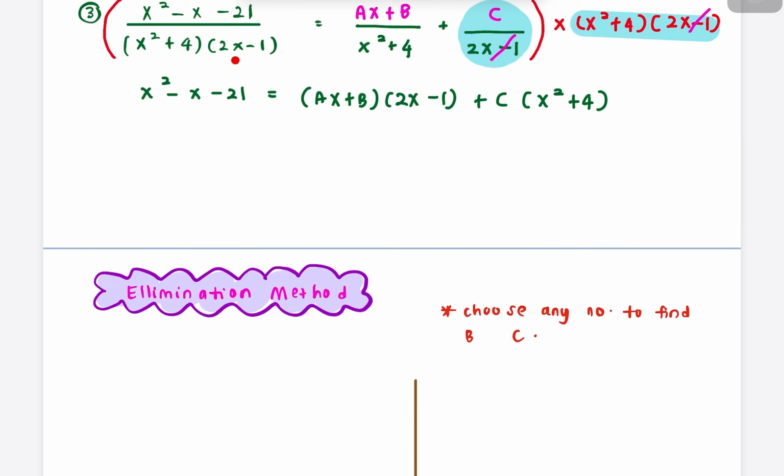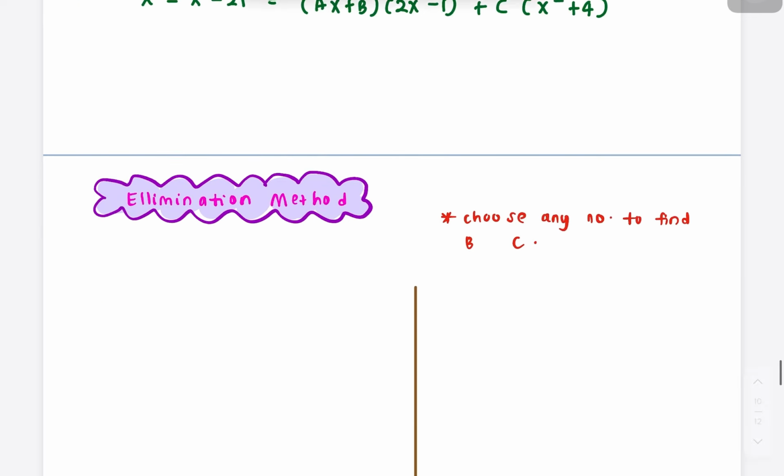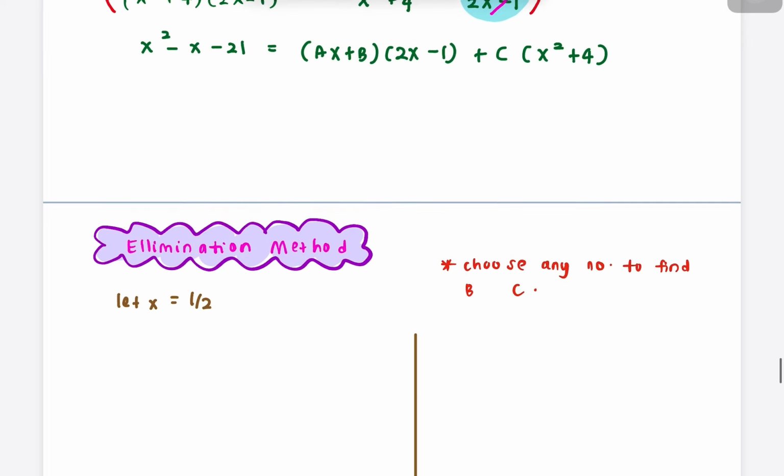So let's start with this one first. x equal to half. Okay. So we let x equal to half first, which is the first zero. So substitute this equation with half. Starting from the left side, the left side will be half squared minus half minus 21.